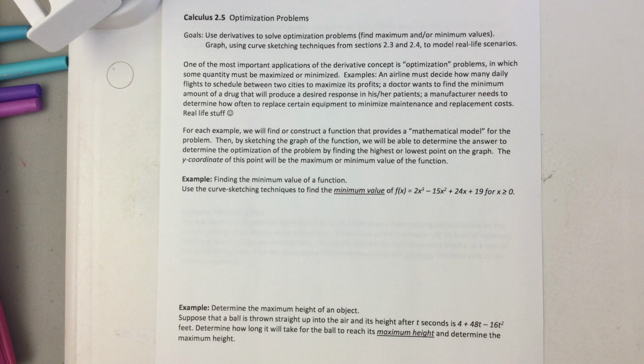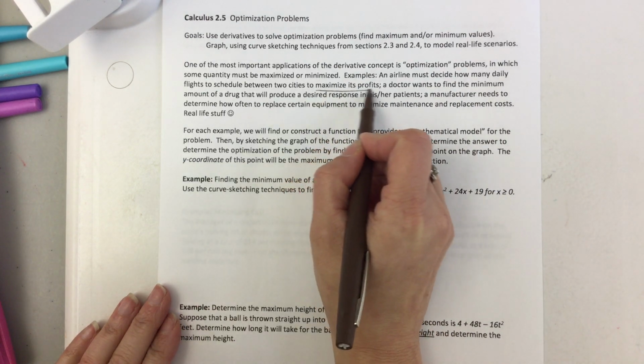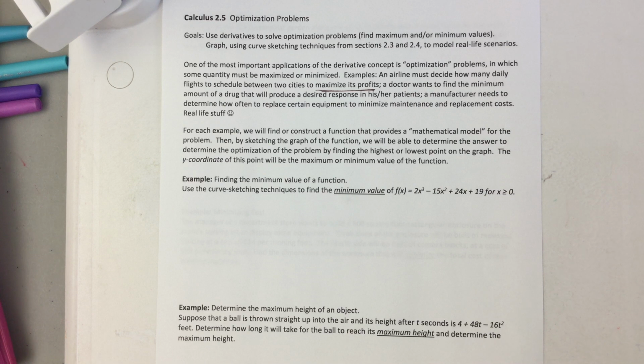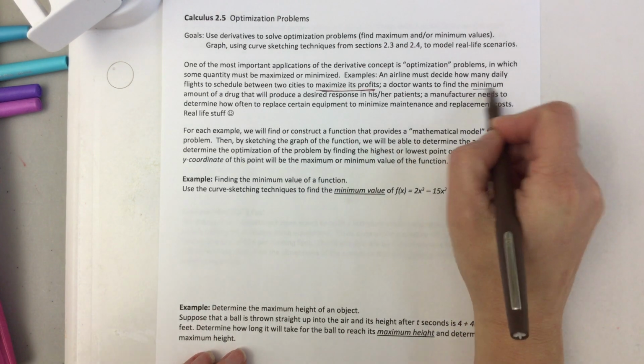An airline must decide how many daily flights to schedule between two cities because they want to maximize the profits. Let's say you're a doctor. A doctor wants to find the minimum amount of a drug that will produce the desired response in his or her patients. So there you want to minimize.